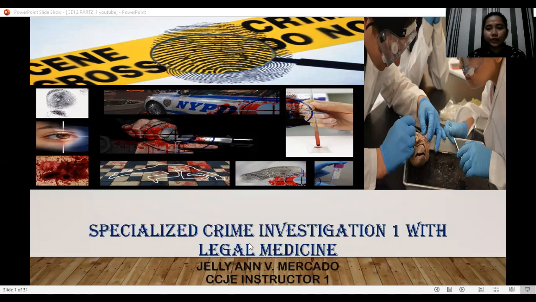For the continuation of our last discussion, today I'm going to tackle what is medical evidence, the definition of evidence, the different types of medical evidence, and also the medico-legal aspect of identification. To start our discussions, we are going to define the word evidence.